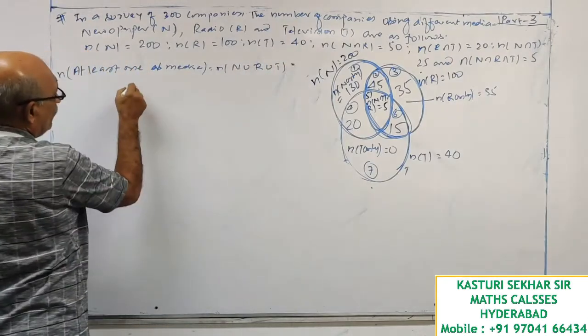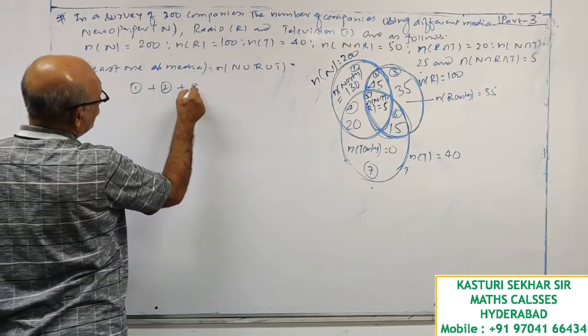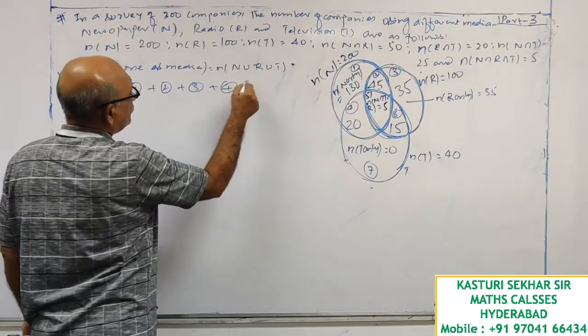This is equal to 1 plus 2 plus 3 plus the rest.